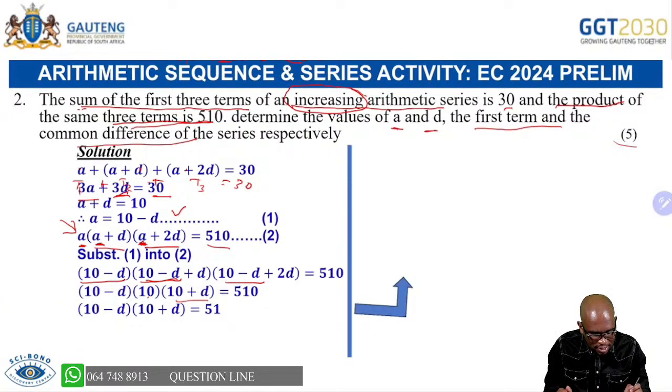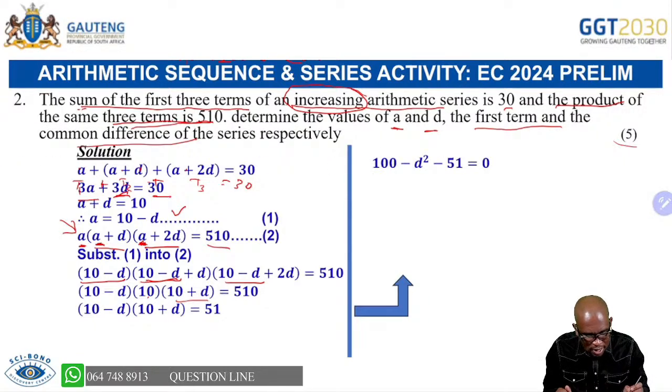Dividing both sides by 10, we get that 10 minus D times 10 plus D is equal to 51. Because it's equated to 51, we can apply the distributive property.